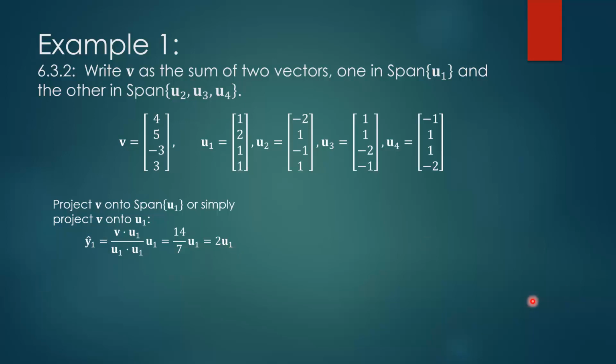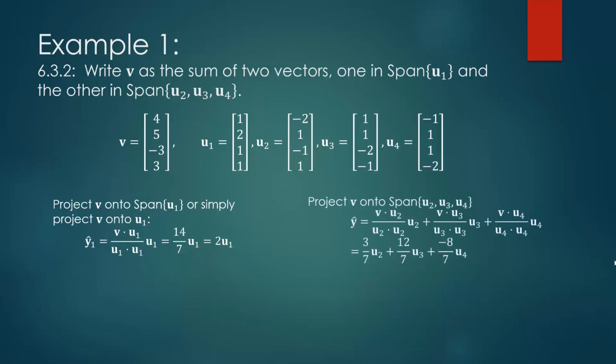And now we want to project it onto the span of u2, u3, u4, and so we essentially just use that formula from the theorem, and then we get values for our weights. We get 3/7 times u2, 12/7 times u3, and -8/7 times u4.